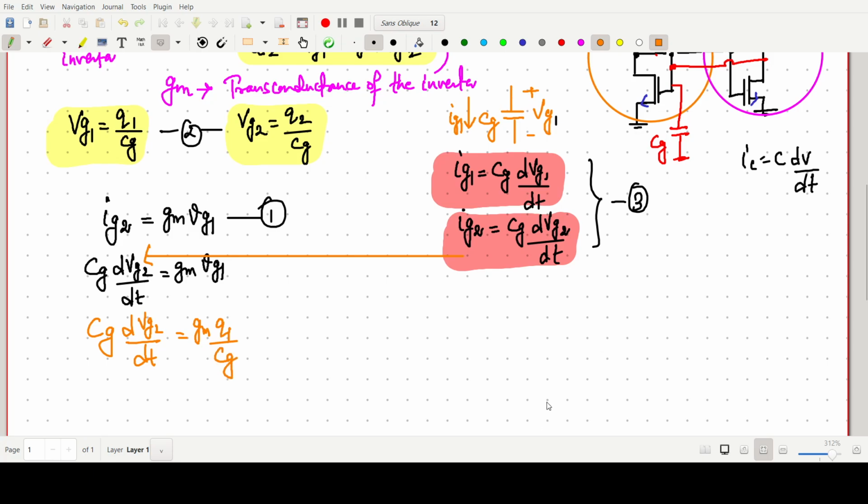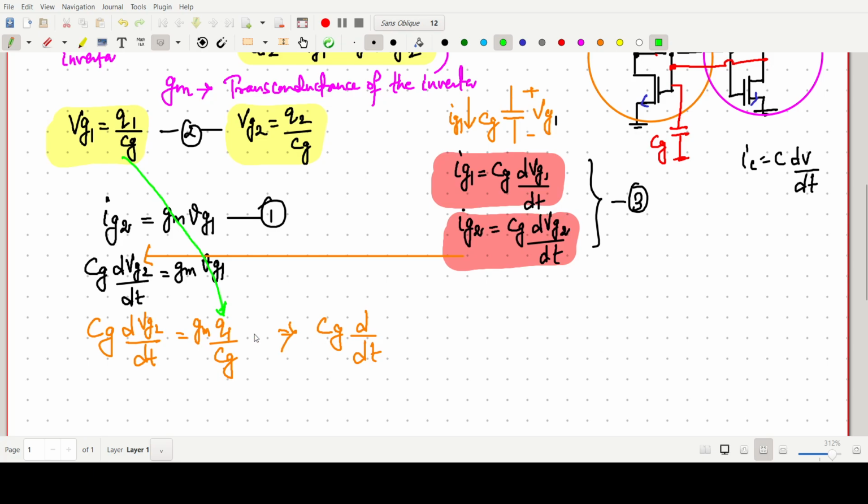In terms of charge we have written it, so not an issue.